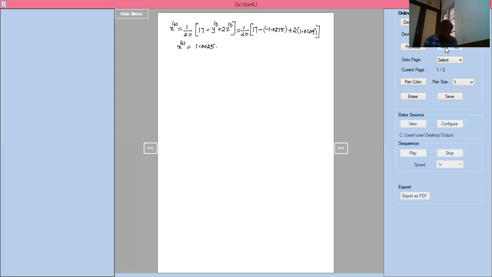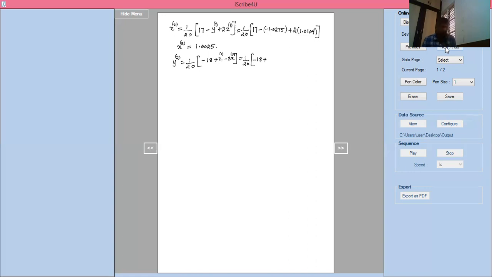Next, similarly, we'll get y of 2 equal to 1 by 20 into minus 18 plus z minus 3x. Here, this is z of 1, this is x of 2. Now I'll write 1 by 20 into minus 18 plus z of 1. What is the value of z of 1?